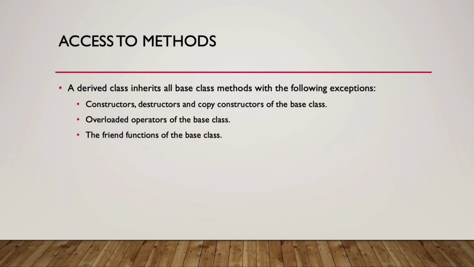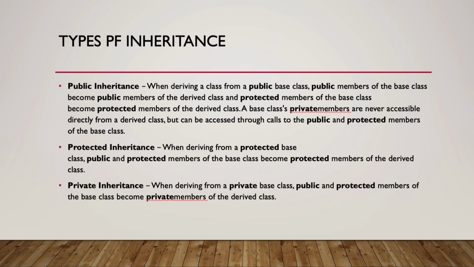When it comes to the methods of a class, a derived class inherits all base class methods with three exceptions: constructor, destructor, and copy constructors of the base class, overloaded operators of the base class, and the friend functions of the base class. Based on the fact that we have multiple types of access specifiers, we also have different types of inheritance.